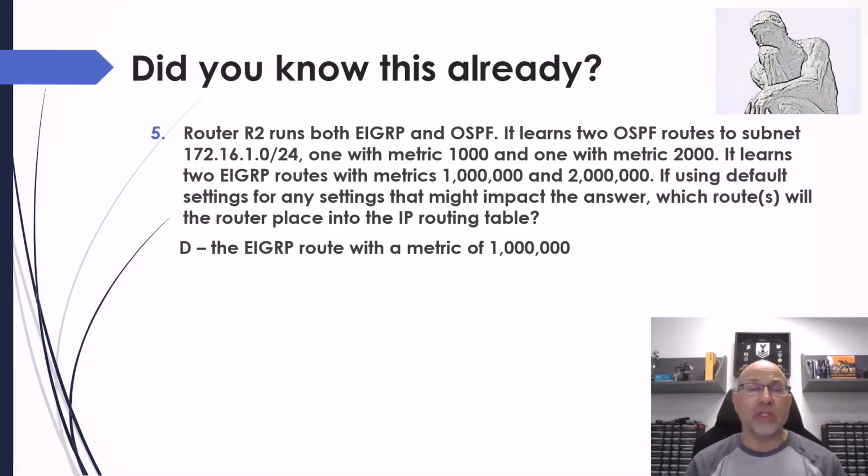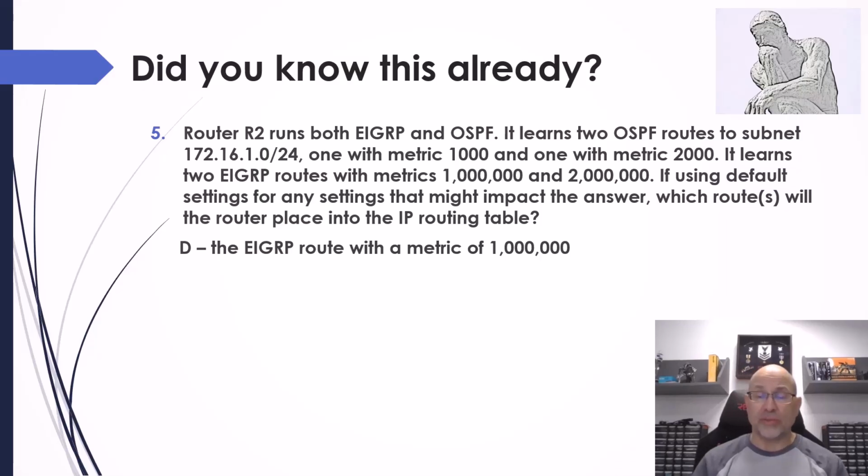If using the default settings for any settings that might impact the answer, which routes will the router place in the routing table? The answer here, even though the EIGRP routes have a huge metric, is that EIGRP has a lower admin distance when compared to OSPF. And so the EIGRP route with a metric of 1,000,000 would be installed.